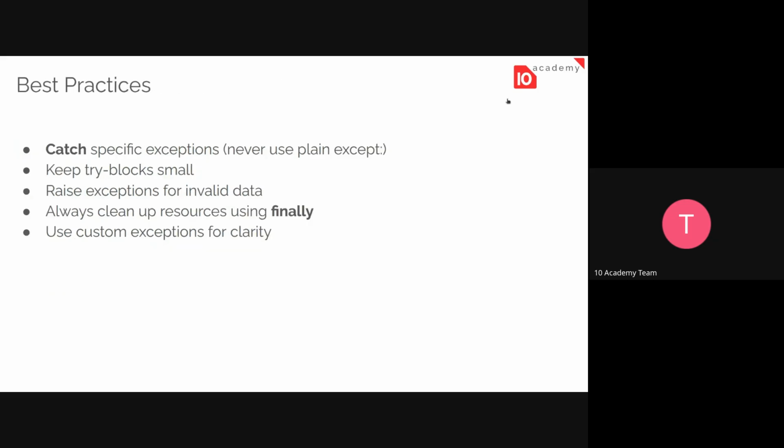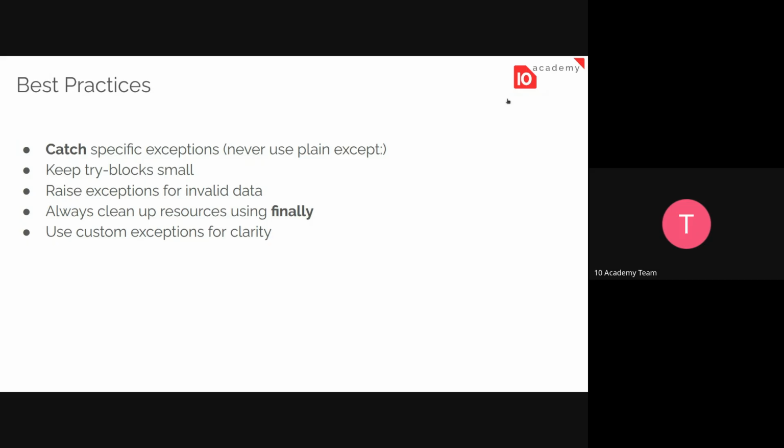So the best practices here are catching specific exceptions, and never using a plain except. Then keep try blocks small. For each piece of code, we have to divide it and make the try block small to know which specific error we are facing, and raise exceptions for invalid data.